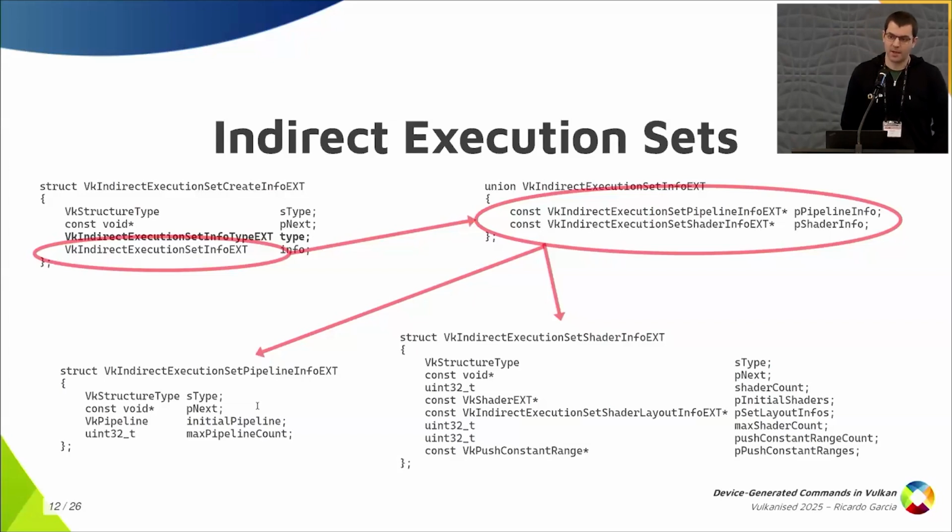The initial pipeline sets the template that all pipelines in the set are going to conform to. So they all have to share essentially the same state as the initial pipeline. And then you can change the shaders. With shader objects, it's basically the same. You have to pass more information, of course, like the descriptors and layouts used by each stage, and push constant information, but it's essentially the same.